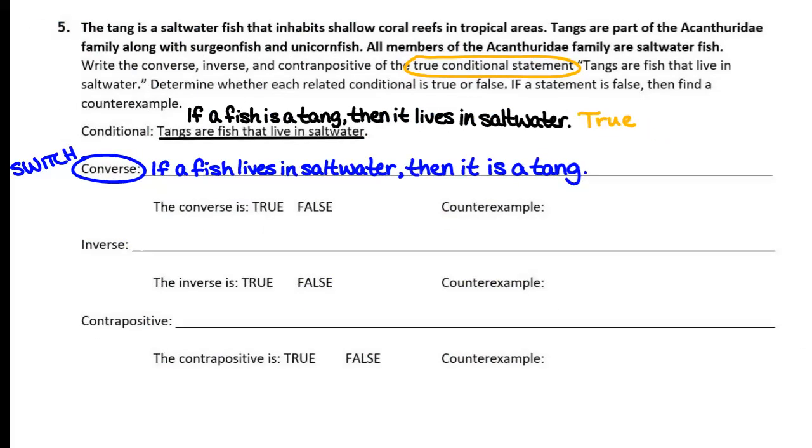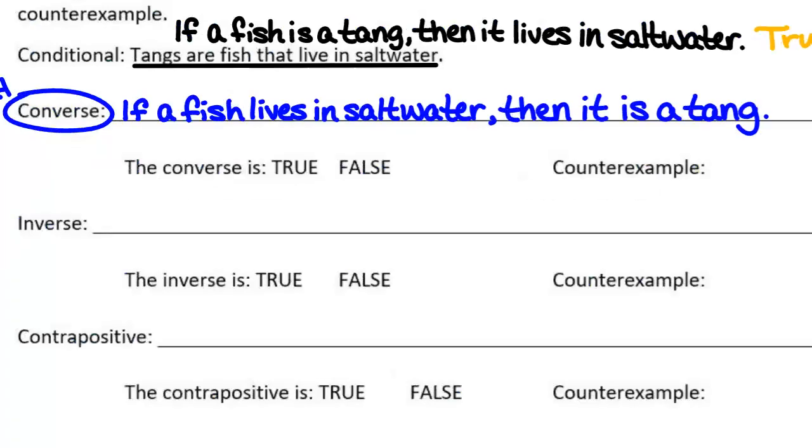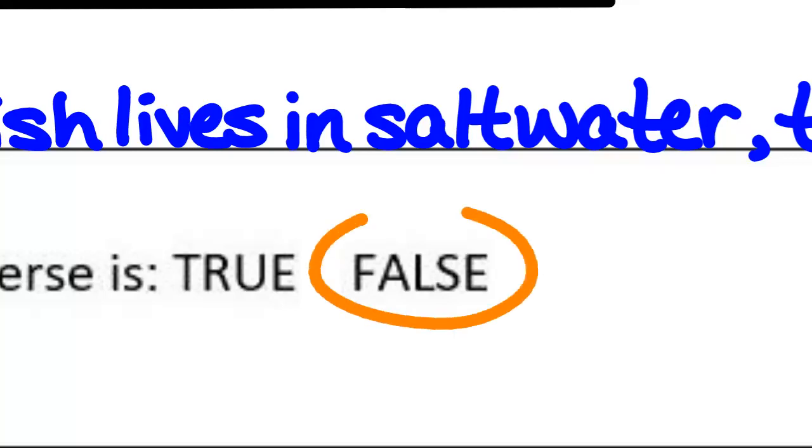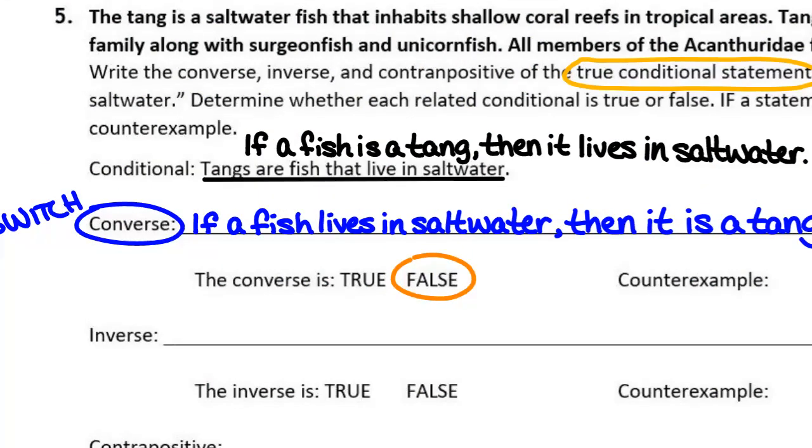Is that true or false? If you know that there's a fish living in salt water, does that mean it has to be a tang fish? No. So that would make this false, which means we need to come up with a counterexample. That means I need to think up another fish that lives in salt water, but it's not a tang. I don't know very many fish, but I have seen Finding Nemo. There's fish in Finding Nemo, right? Does anybody remember what you call the Nemo kind of fish?